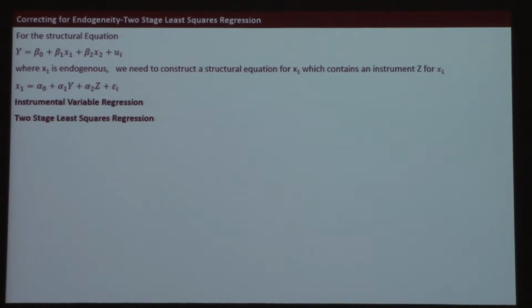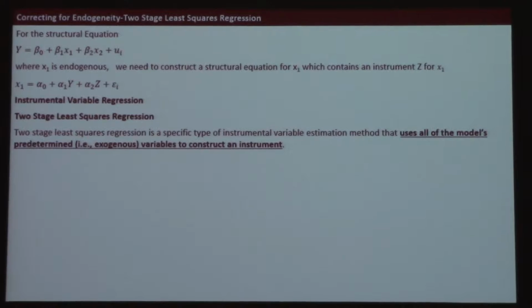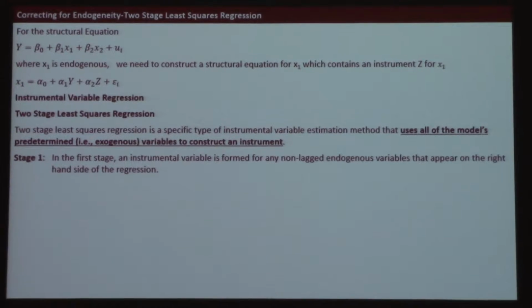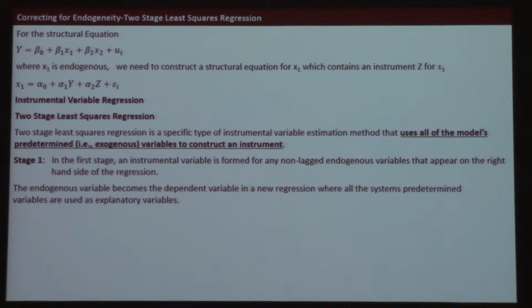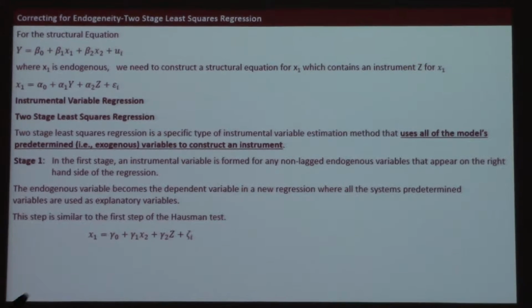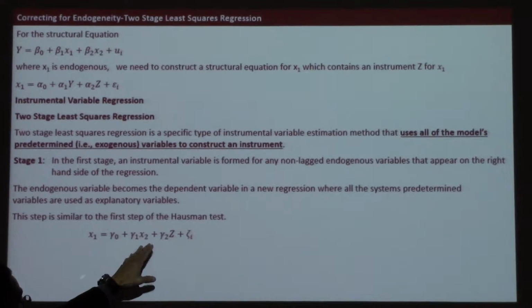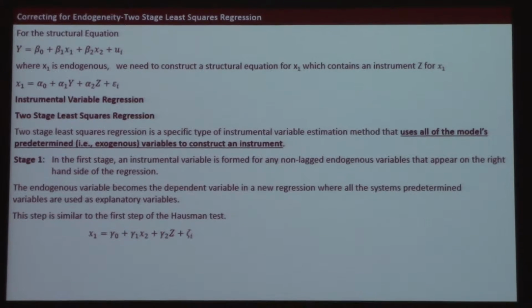One method of instrumental variable regression is called two-stage least squares. Two-stage least squares occurs in two stages. The first stage is that we construct the instrument. We take the endogenous variable and regress it against all the other exogenous variables, including our instrument here.